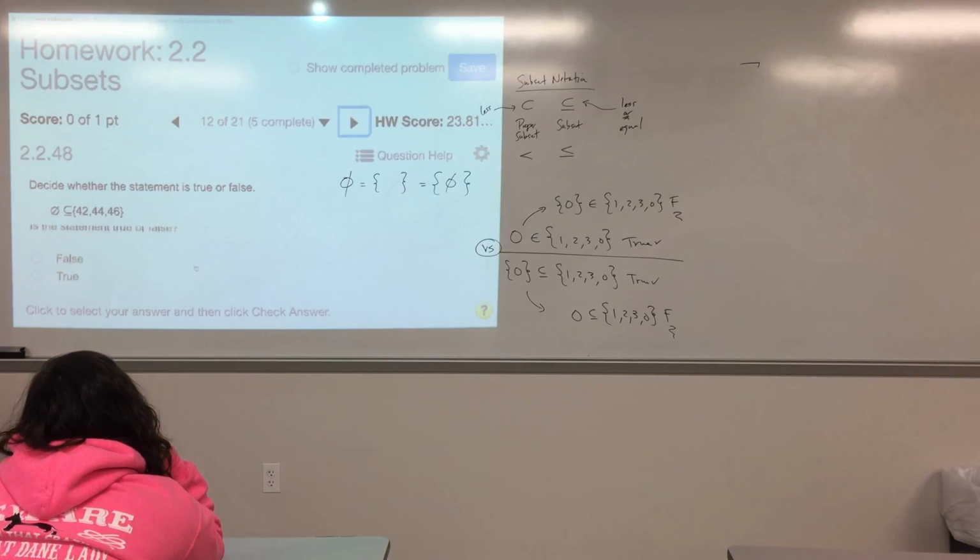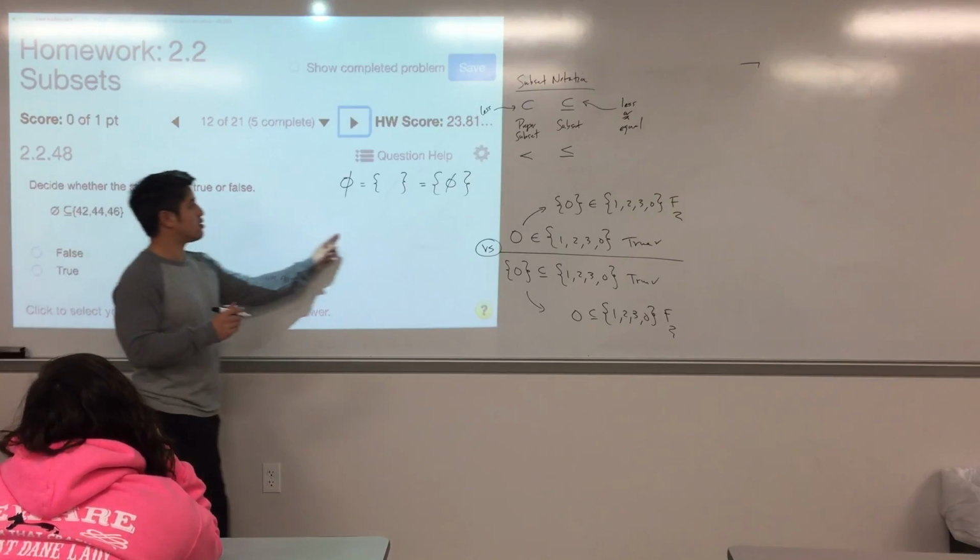Let's go on. Now, this could be a trick question. What is your initial reaction to this? Well, it's an empty set. What was the key word? Set. Even though this doesn't have braces around it initially, and you want to say it's immediately false, what did we say this is?